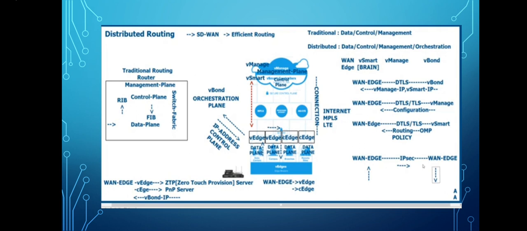Generally, the whole SD-WAN module will be divided into four planes, as I've already discussed in the last sessions. The first one is vBond, then we've got vManage, vSmart, and then vEdges. The management plane and the control plane use the vManage and vSmart modules, and the lower one, the data plane, uses vEdges.